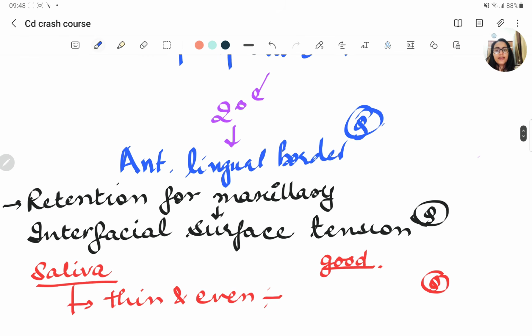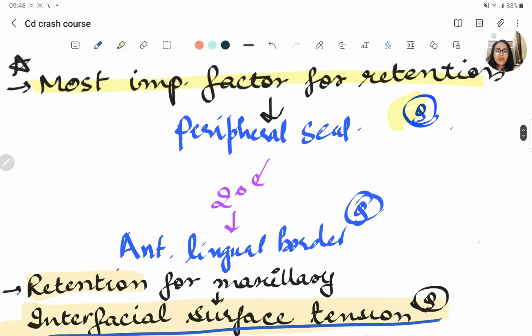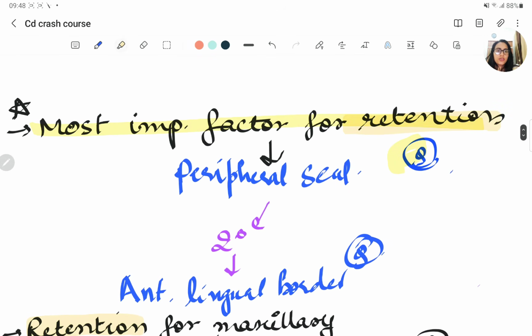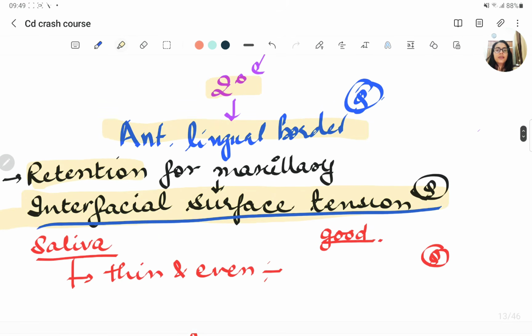Retention for the maxillary denture is interfacial surface tension. Remember this point, very, very important. The most important factor for the retention of the mandibular denture is peripheral seal. Secondary retention is via the anterior lingual border. For the maxilla, it is interfacial surface tension, guys.